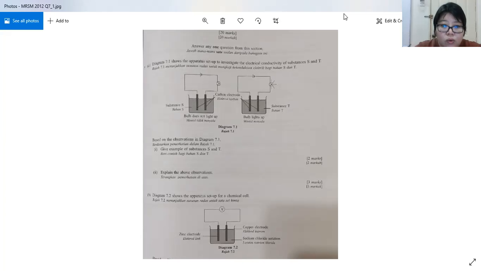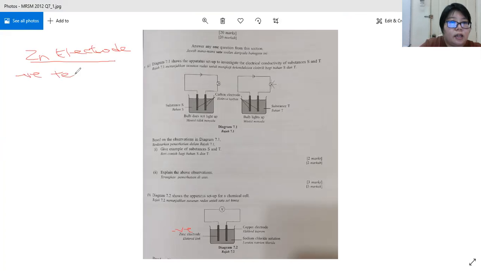Now, I hope that you get your answer as the zinc as negative terminal, the zinc electrode. Number 1, we get that it is the negative terminal. Why is that so? I hope you get the reason.